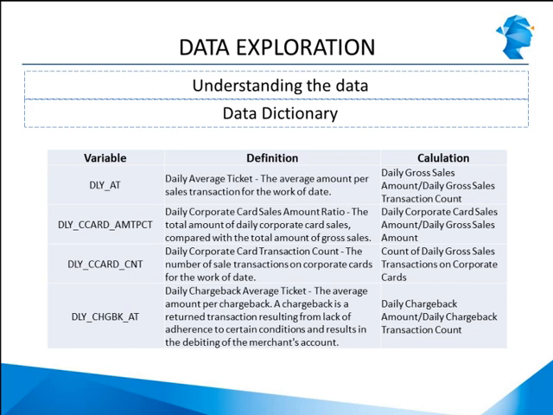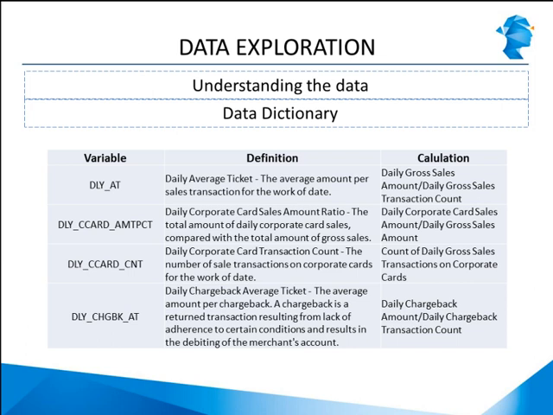The second variable that we see here is DLY underscore C card underscore AMT PCT, which stands for daily corporate card sales amount ratio. This is the total amount of daily corporate card sales compared with the total amount of gross sales. So this variable is basically telling us what percentage of the total sales come from corporate cards.